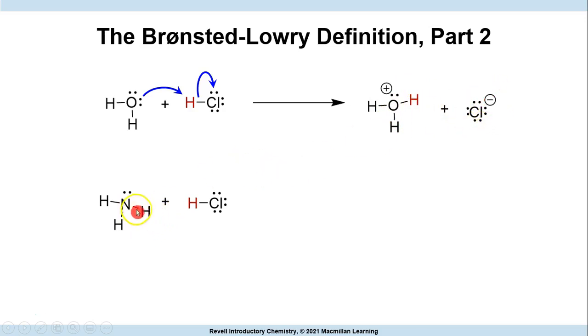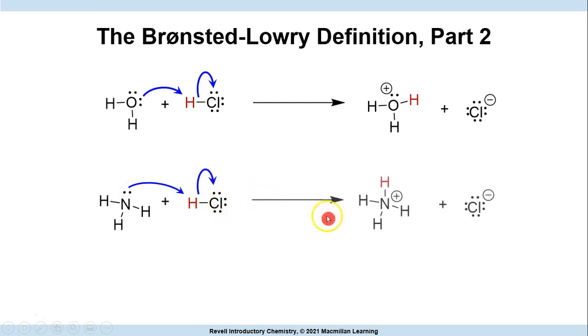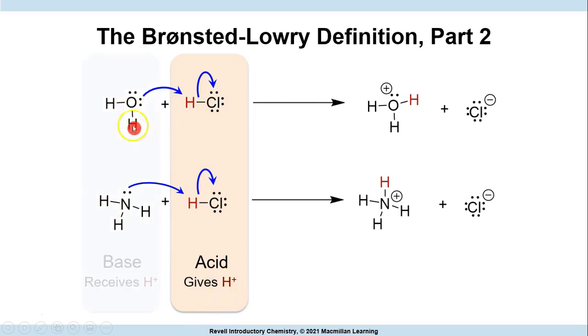For the reaction of ammonia and hydrochloric acid, the nitrogen is going to pick up the proton, the nitrogen accepts the proton, and that gives us the ammonium ion and the chloride ion. So here this is the acid because it gives the protons, and here these are the bases because they receive the proton.